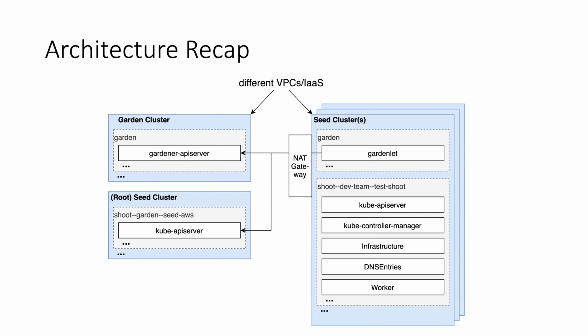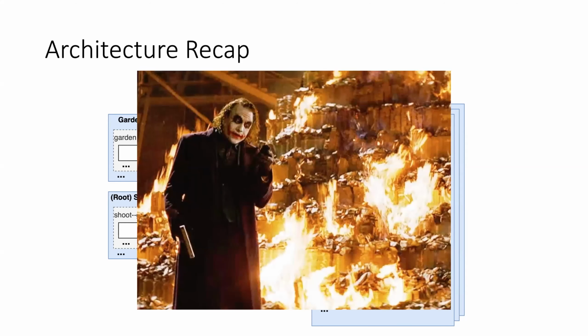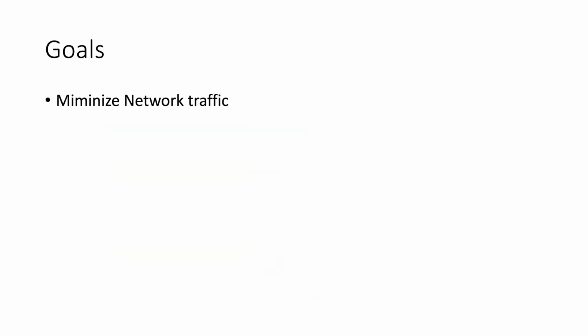It's different on different infrastructures, but mostly it goes through this kind of NAT gateway and therefore causes external traffic, because it's calling to the internet. And this is priced by the cloud providers, so we can potentially burn a lot of money if we cause a lot of network traffic here.